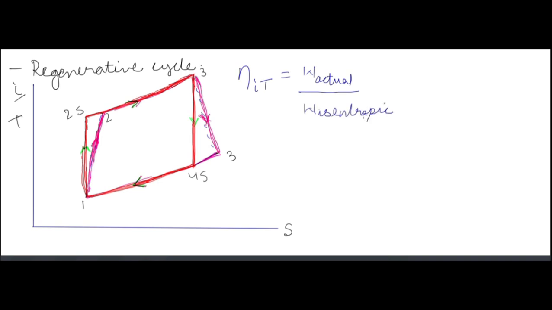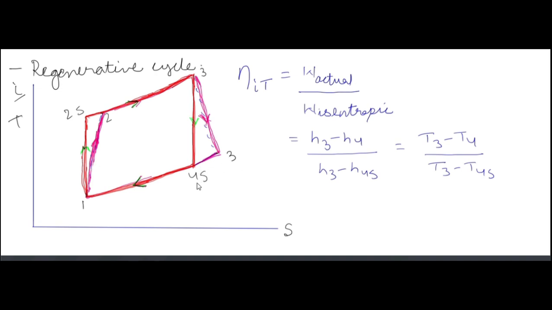If it's a polytropic process, we would go by the graph, the process shown by the pink line. So pink line 1 to 2 shows polytropic compression, and pink line 3 to 4 shows polytropic expansion, and 1 to 2s is isentropic, then 3 to 4s is isentropic.